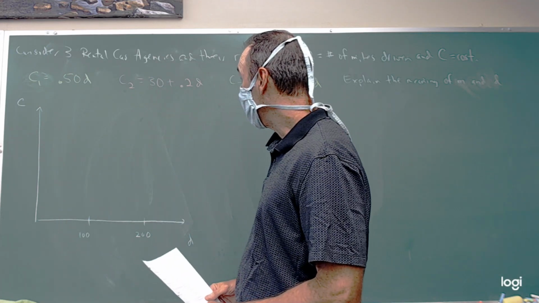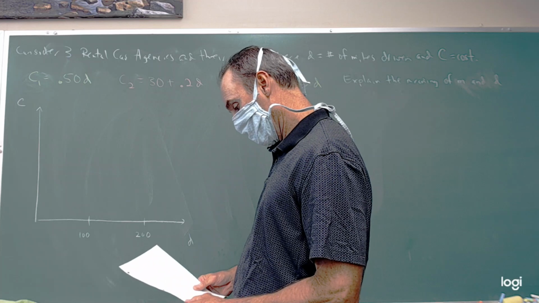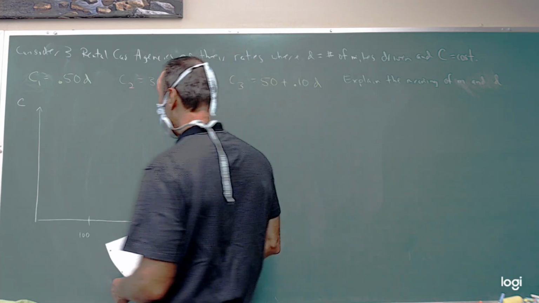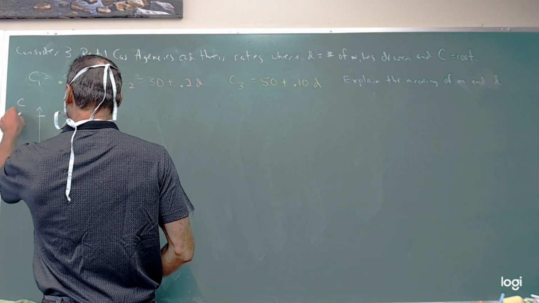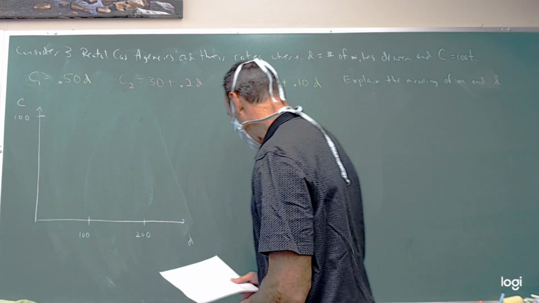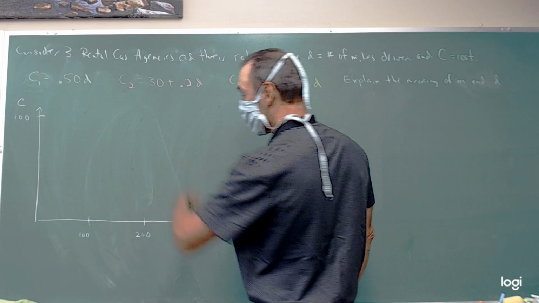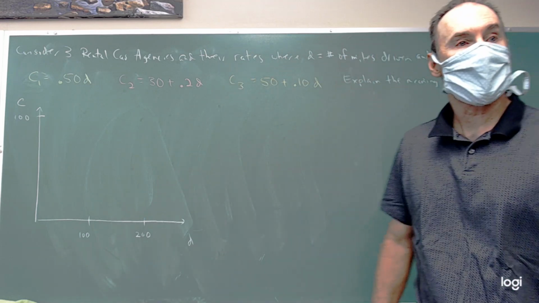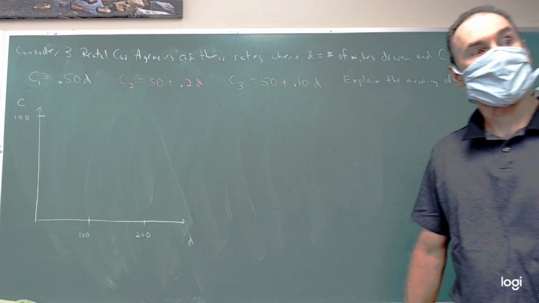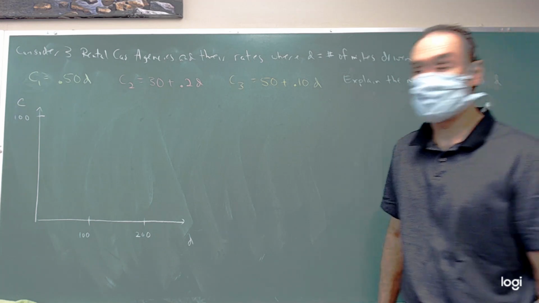If we graph this first one, I'm going to put 100 up here. I'm going to do this rather than using slope and y-intercept, because this graph is going to get pretty big, and if I'm off a little bit on the slope, I'll be way off by the time I get to the edge of the graph.